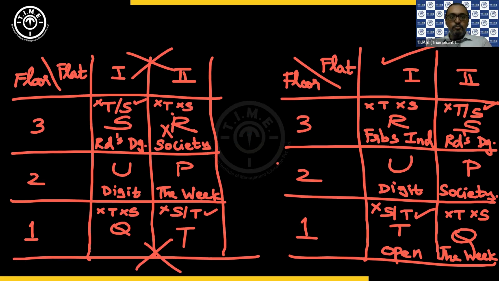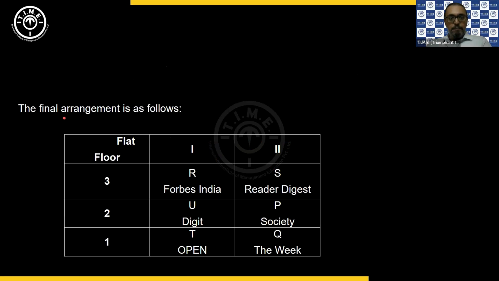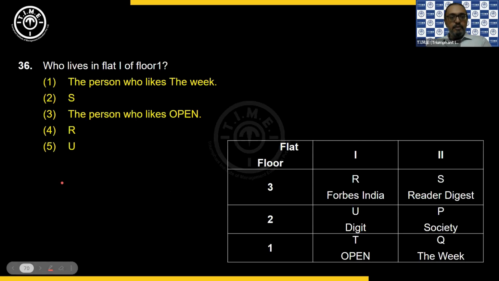Right. So now let's go through the questions that we have. Yes, this is the final arrangement we get. Now, who lives in flat 1 of floor 1? Tell me. Flat 1, floor 1. Who is there? Correct. It is the third option, the person who likes Open, because T is not given.